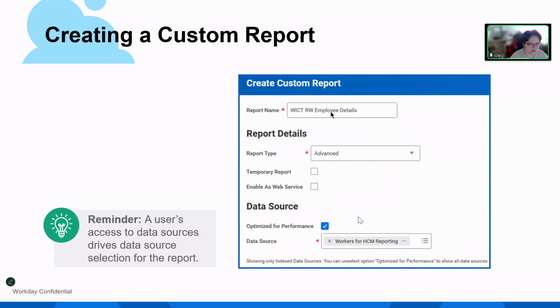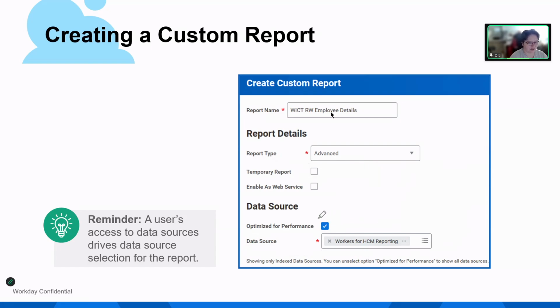Now, whether the data source is indexed or not doesn't impact whether you can choose indexed fields for your report. The only thing that will happen is if you have an indexed data source and it is optimized for performance, you cannot use non-indexed report fields in the filters.